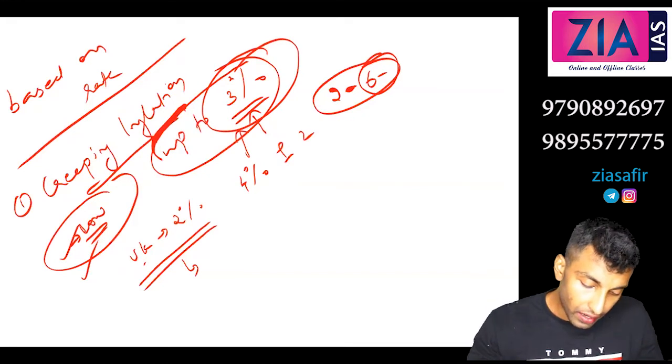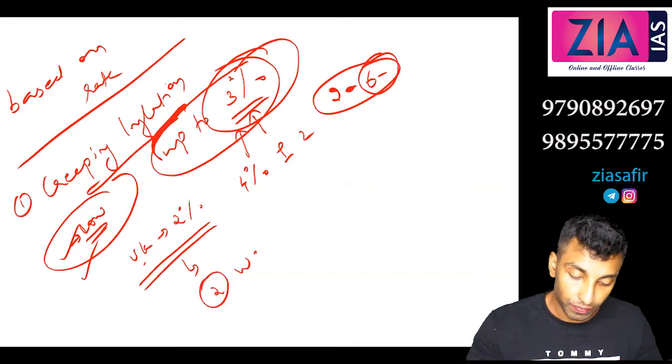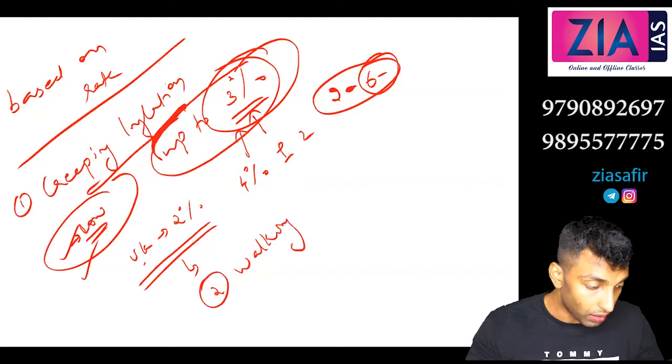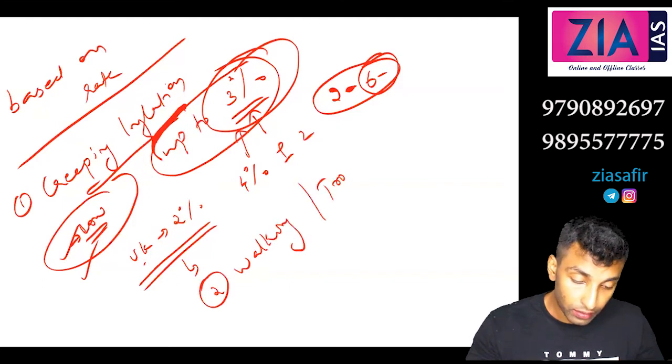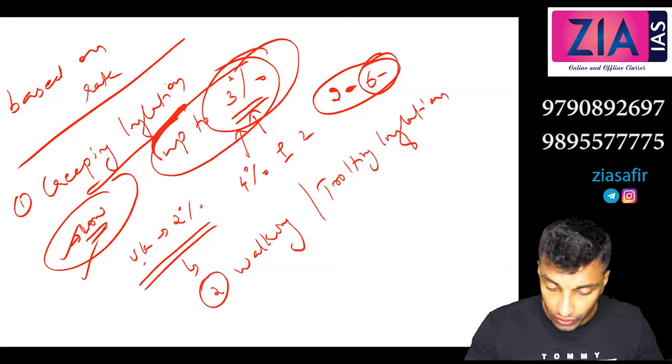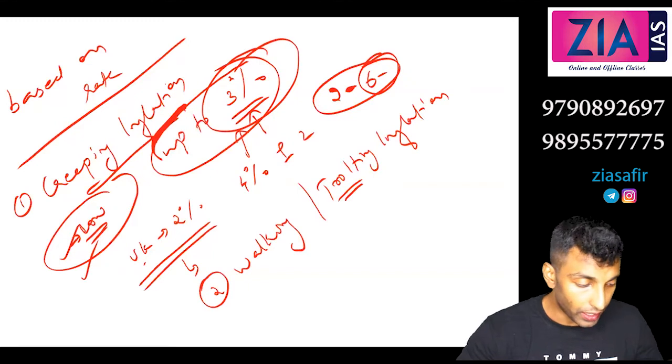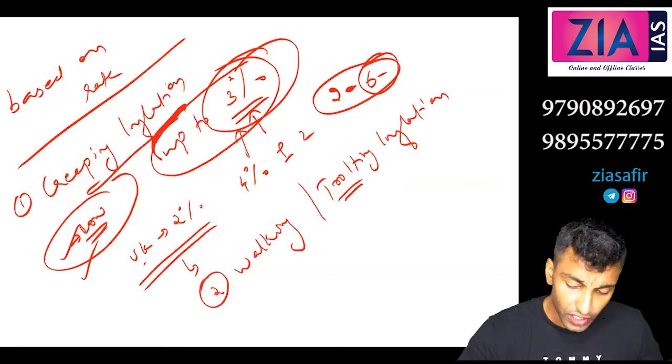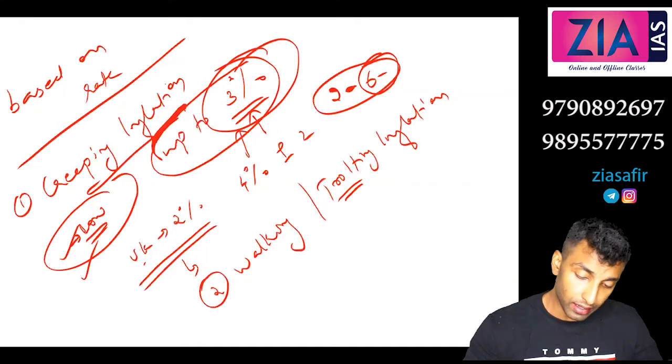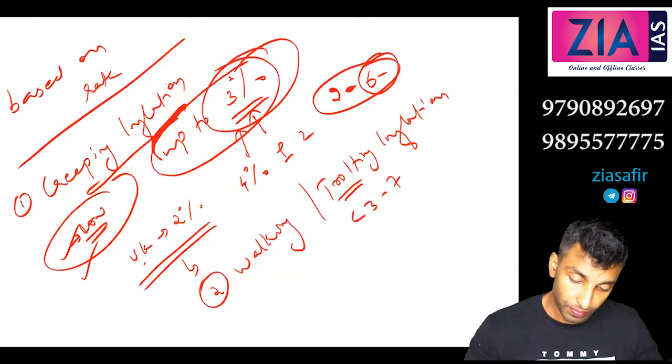Now the second one, you can write walking inflation, or trotting. Trotting means what? Horse walk, no? Horse walk, that's what trot. Trotting inflation. You can write there moderate or moderately high, like 3 to 7%.